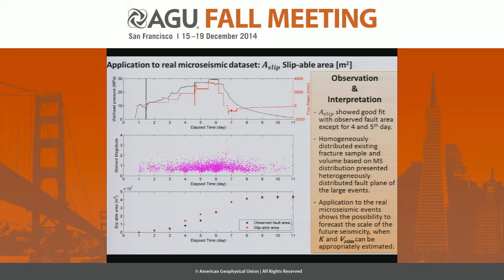This indicates a homogeneously distributed existing fracture sample, I mean the K value, and the volume based on the microseismic distribution, I mean the V stimulated, presented heterogeneously distributed for the planes of the large events and the microseismic events. This trial shows some possibility to forecast the scale of future seismicity when K and V stimulated can be estimated.